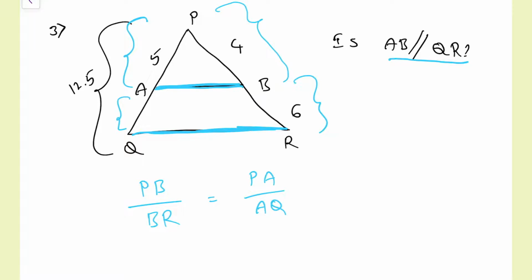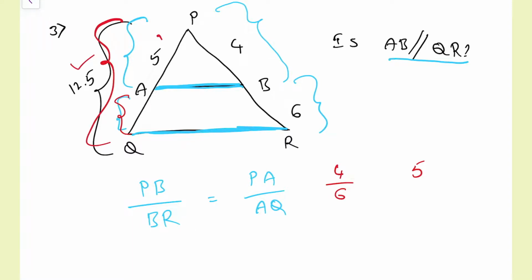If it is satisfied, then we can say that the AB line and QR line are parallel to each other. So let us substitute the given numbers first. PB is given as 4 units divided by BR is given as 6 units. And PA is given as 5 units and AQ is not given. But he gave this total as 12.5, right?